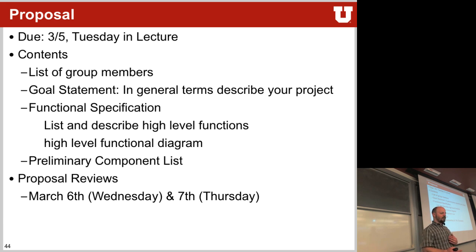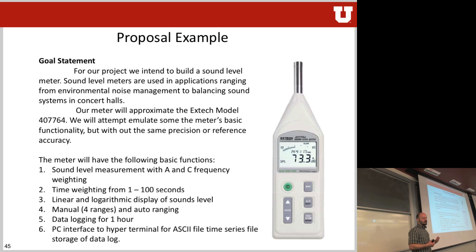For the proposal review, I will give you a booklet later on with what I want in the proposal itself, but this can be, for example, a good proposal example, where you have the goal and your statement. For example, this would be a sound meter. What do you have to do for this particular sound meter?